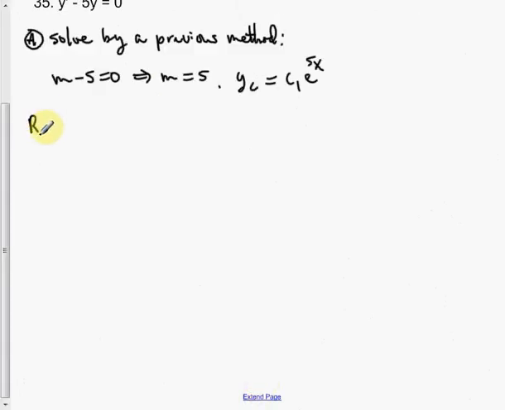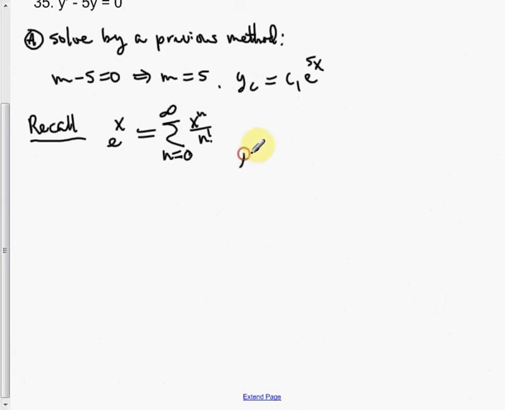Now, I want you to recall that e to the x, this is from calculus 2, is equal to the summation as n goes from 0 to infinity of x to the n divided by n factorial. Do you remember that? Okay. But this problem is e to the 5x.